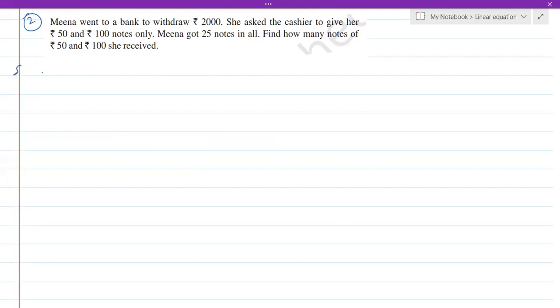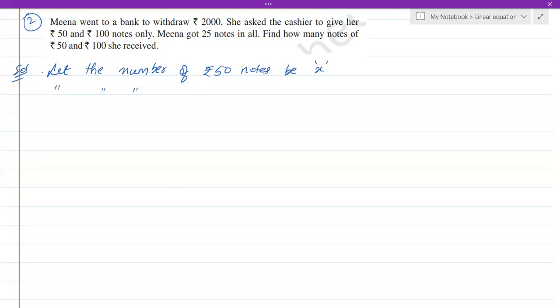So let's assume, let the number of 50 rupees notes be X. Similarly, let the number of 100 rupees notes be Y. Very clearly, totally how many notes has she got? 25 notes, meaning the number of 50 notes and the number of 100 notes put together is 25, isn't it?